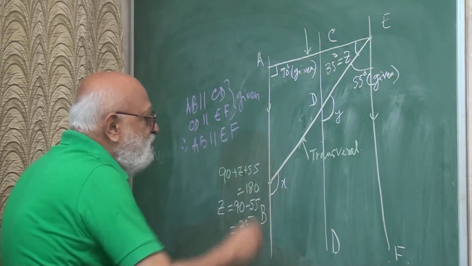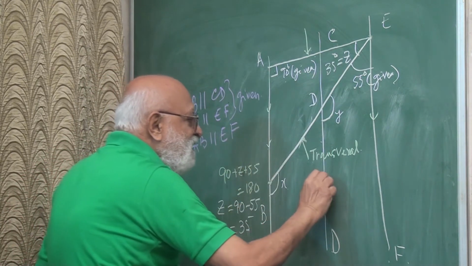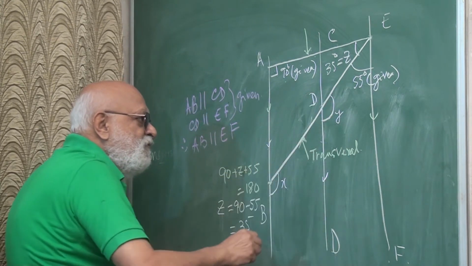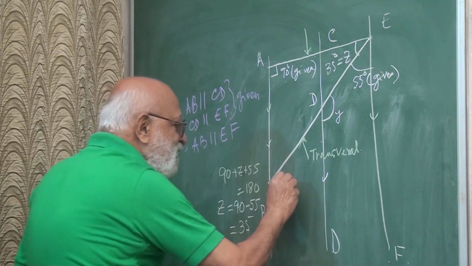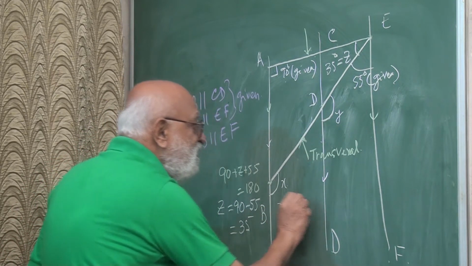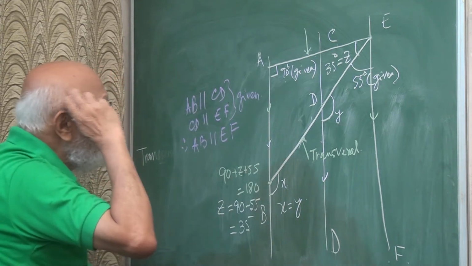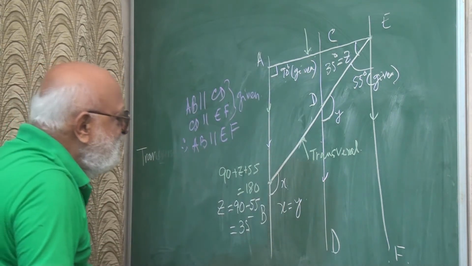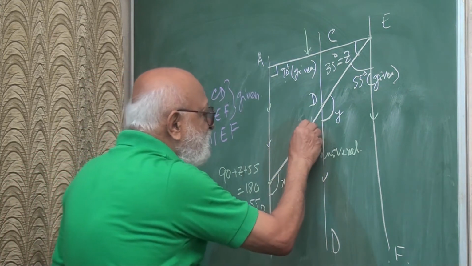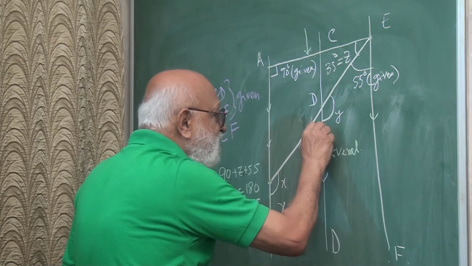Now check on this parallel line and this parallel line and this transversal. You can easily find that in this case X and Y are equal. We have got X and Y equal. In this case also you can always find out this angle. What would be this angle?